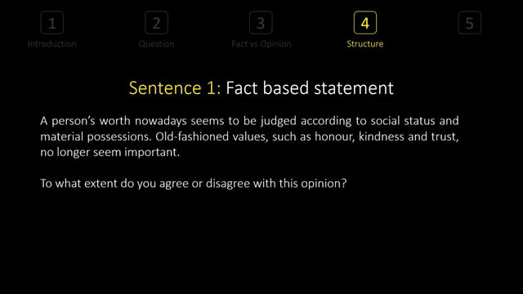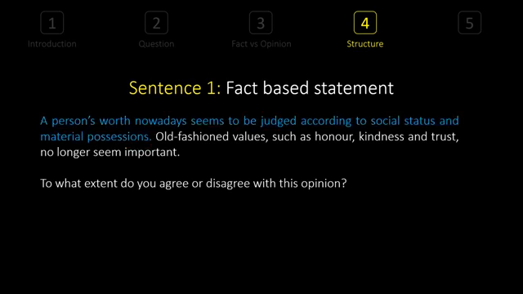Remember, this was a question earlier: a person's worth nowadays seems to be judged according to social status and material possessions, and all this question is about whether these things are important or not. Our fact in this question was this one, isn't it? So it would be recommended that your first sentence is connected to this part, only the fact-based statement.